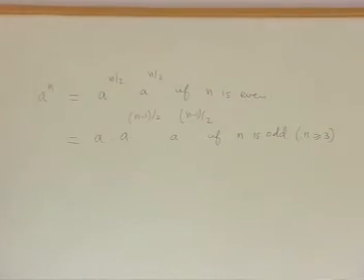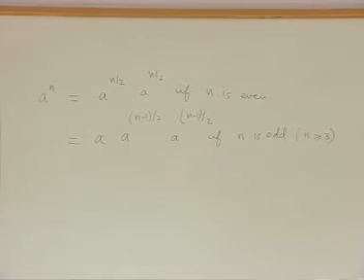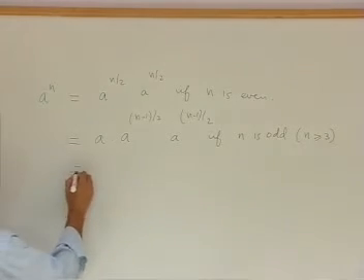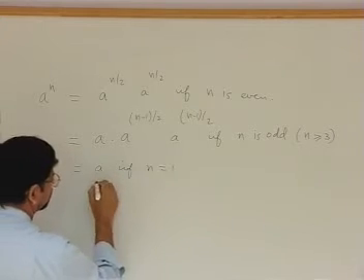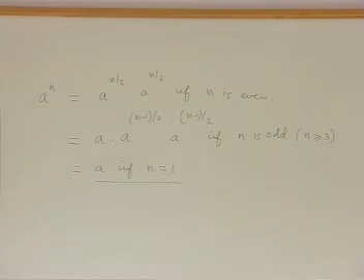If n is equal to 1, it is a power 1, which is equal to a. So a power n equal to, now I am relating something to something smaller, and this is called a recursive definition, or recursive formulation.